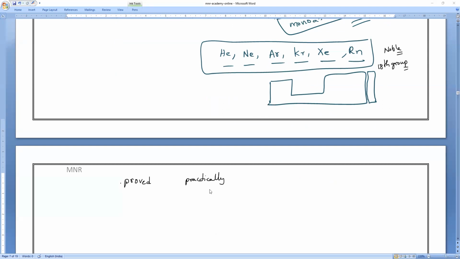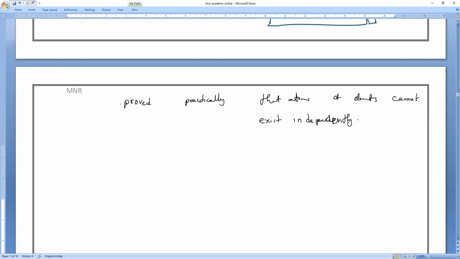Monoatomic elements. So it is proved practically that atoms of elements cannot exist independently, except whom? Inert gases, which exist independently.